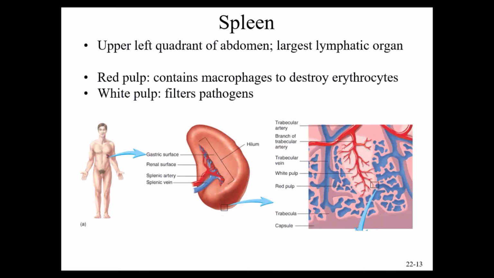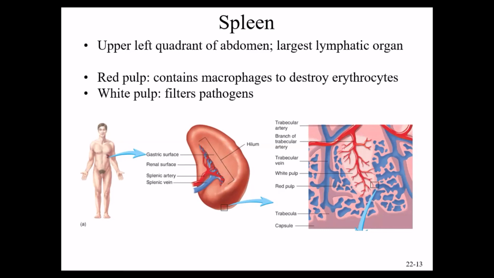One of the things the red pulp tissue does is break down old and dying red blood cells, erythrocytes. Red blood cells only last 3 or 4 months in circulation, and then they start losing their shape.